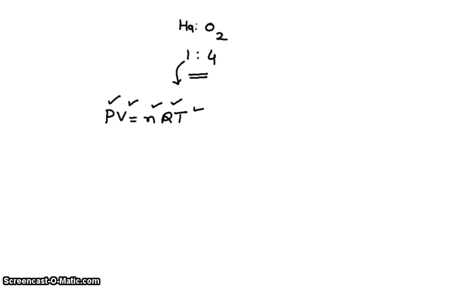Now let us see what the units of gas constant R are. We are going to use the value of gas constant 0.0821, and the units are liter atmosphere per mole K. K is the absolute temperature in Kelvin.